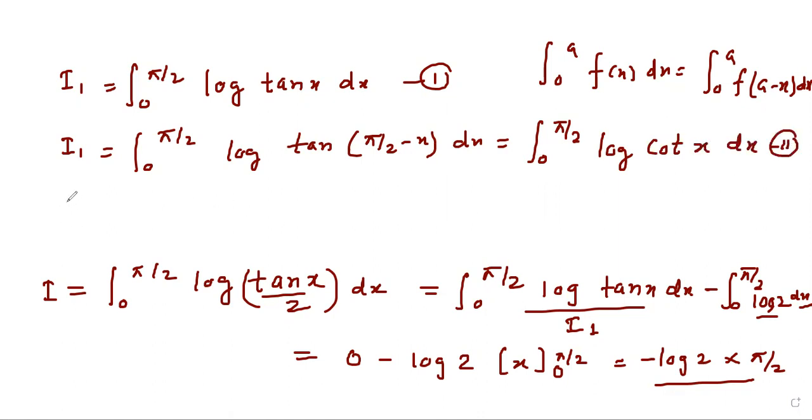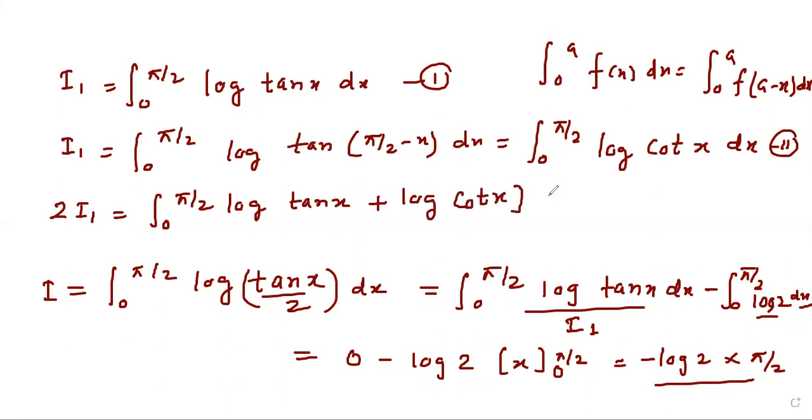Now, if we add 1 and 2, so 2I1 equal to integral 0 to pi by 2 of log tan x plus log cot x dx.